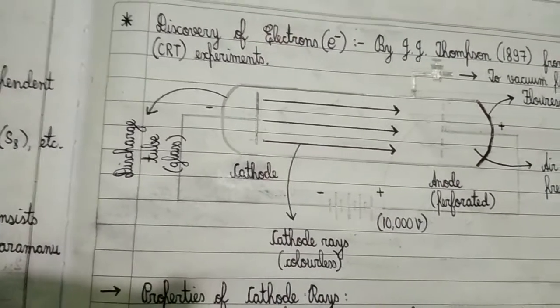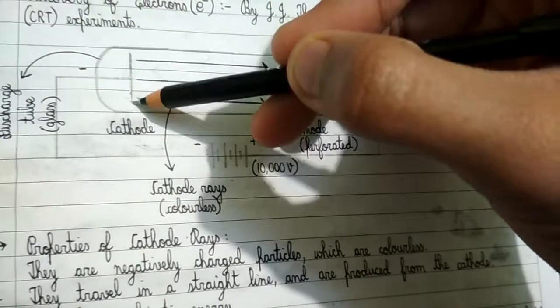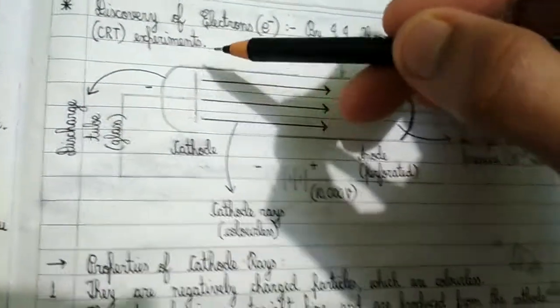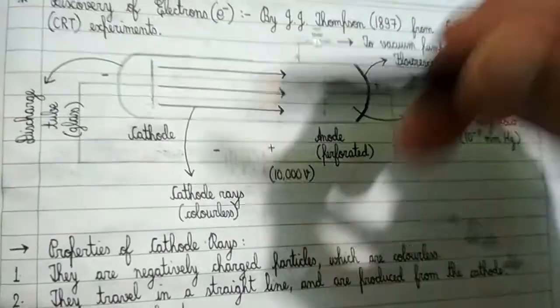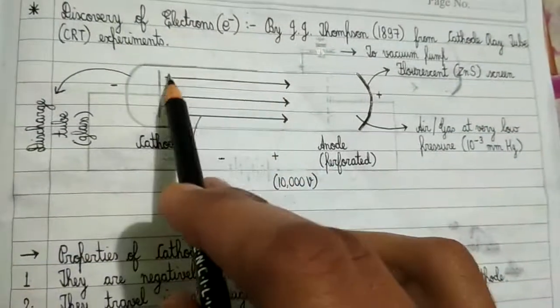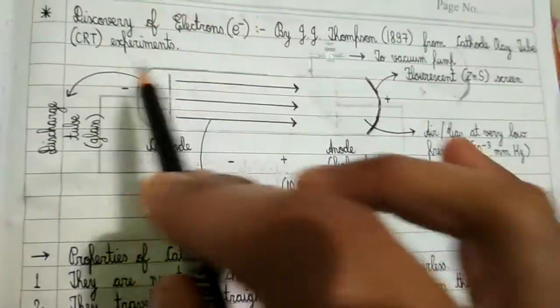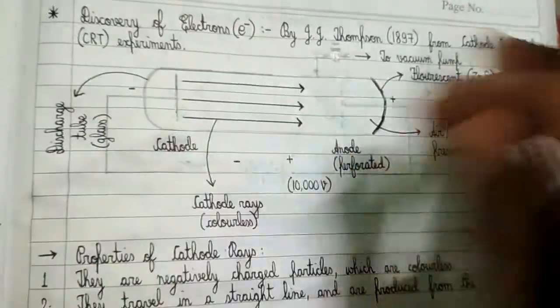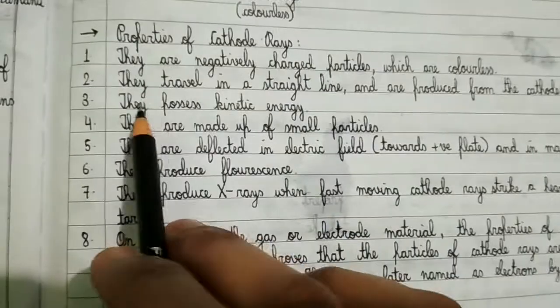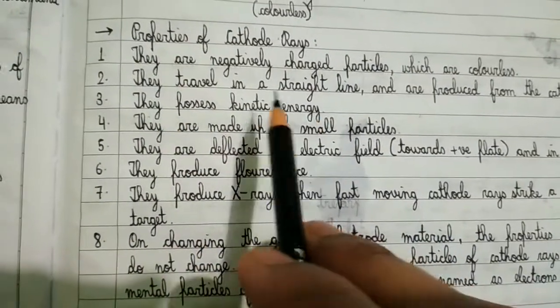So from where will the electrons come? They will come from this electrode. This is a metal plate, so it will have free electrons. When we apply a high potential, the electrons are attracted towards the positive plate, so they start moving in this direction.